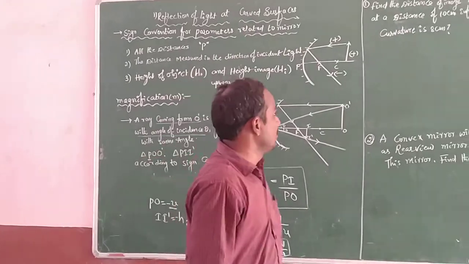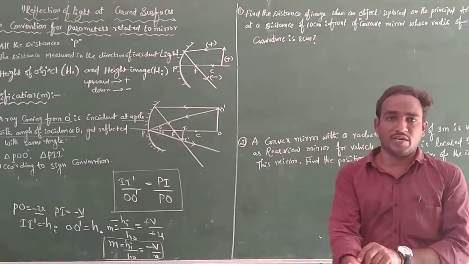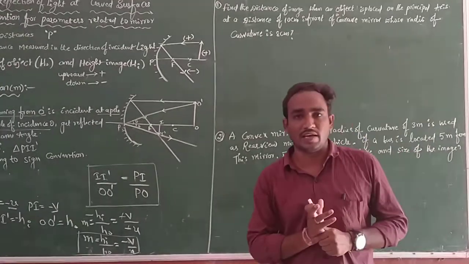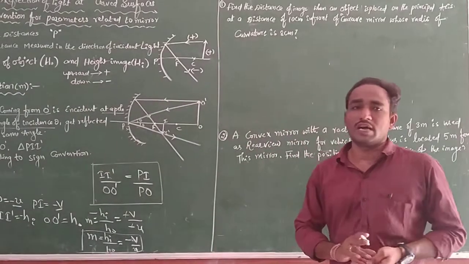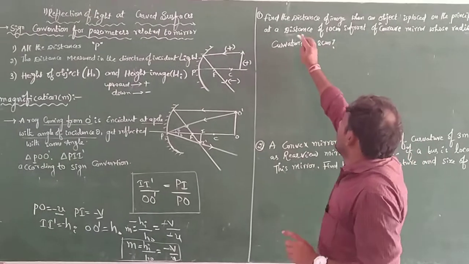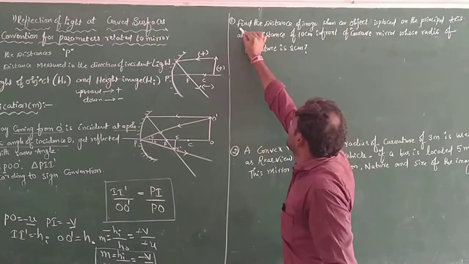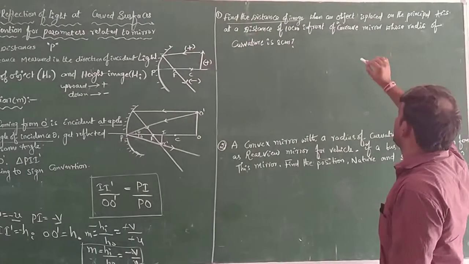Now let's go through one example problem, very important from the examination point of view, based on concave mirror and convex mirror. First, understand the question. Find the distance of the image. What is given in this question?